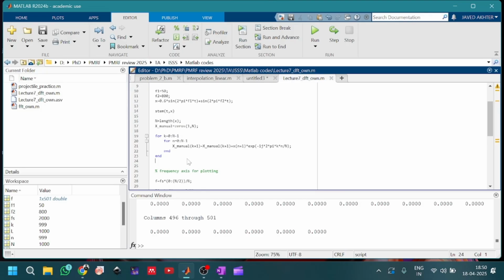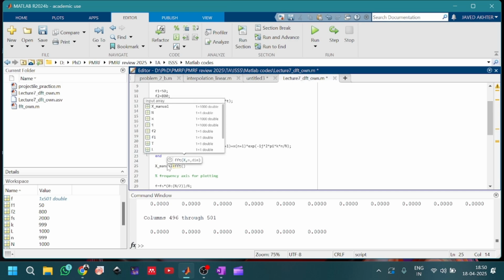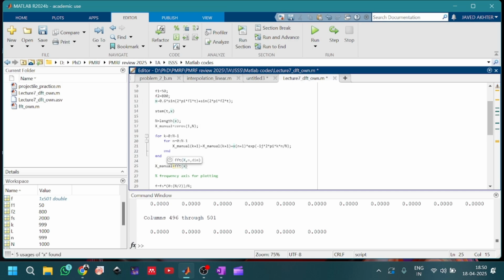So instead of this X manual portion, we can just write FFT of X, and let me comment it.